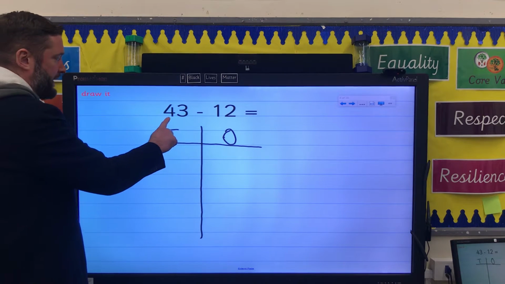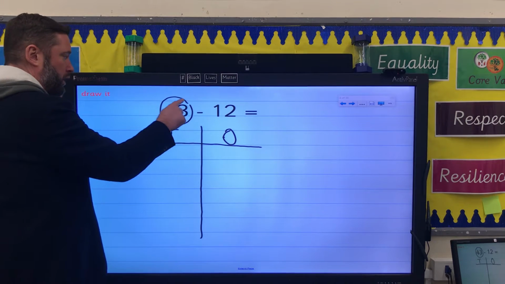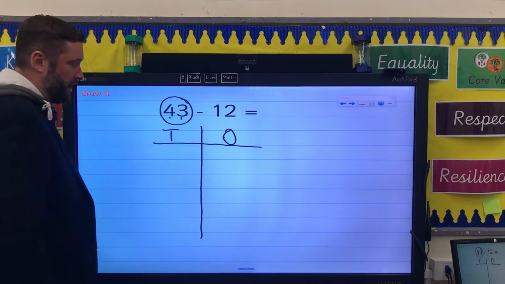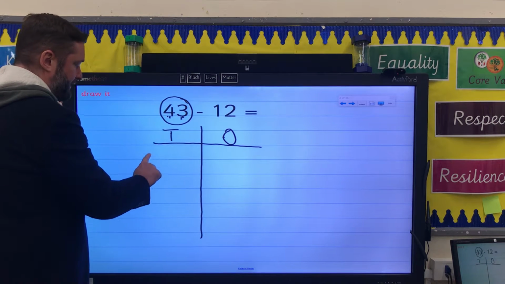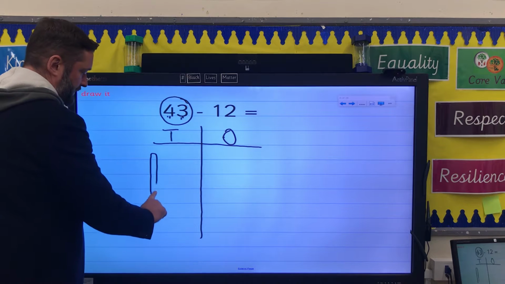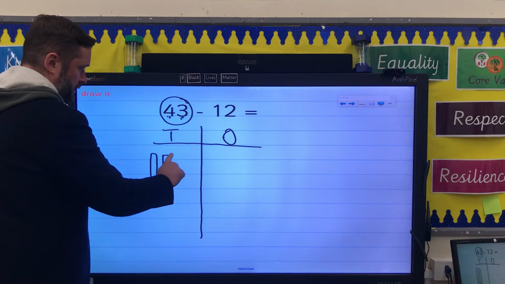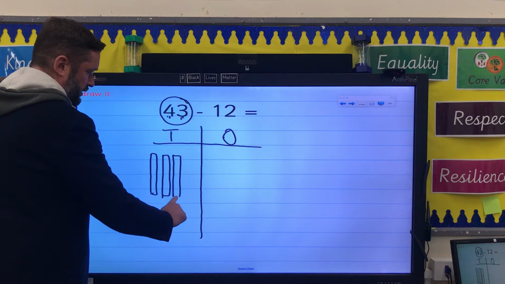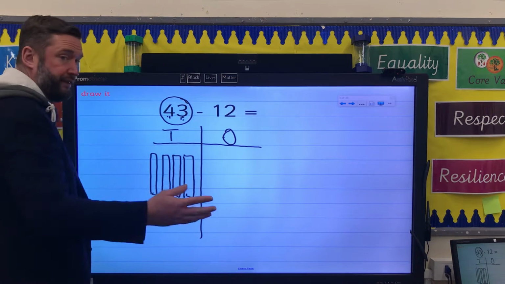Now I'm going to make my first number my whole, the largest number, okay? And I'm going to make it in tens and ones. 43 has 4 tens. And how many ones?